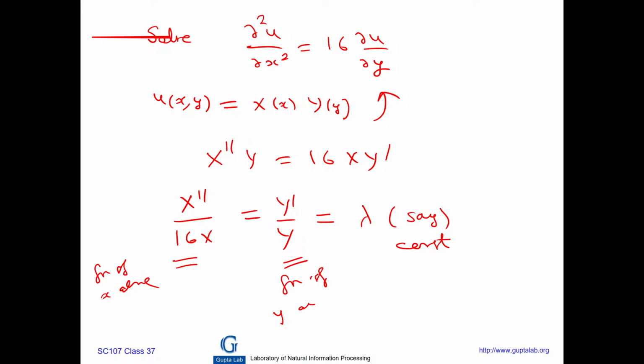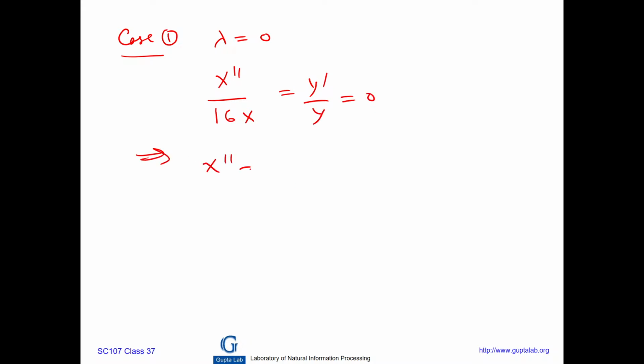So case 1. Lambda is equal to 0. So in that case, X double prime divided by 16X is equal to Y prime divided by Y is equal to 0. This gives us X double prime is equal to 0 and Y prime is equal to 0, right?